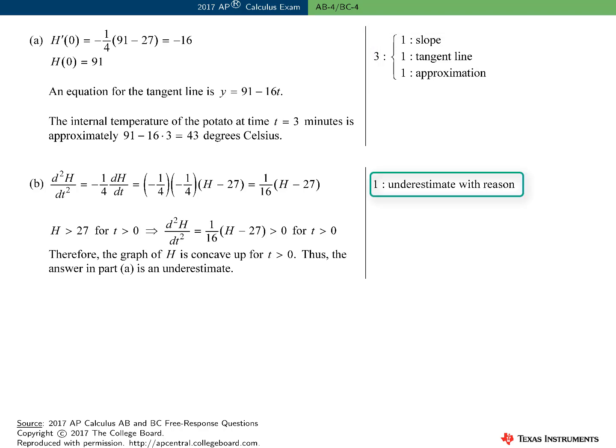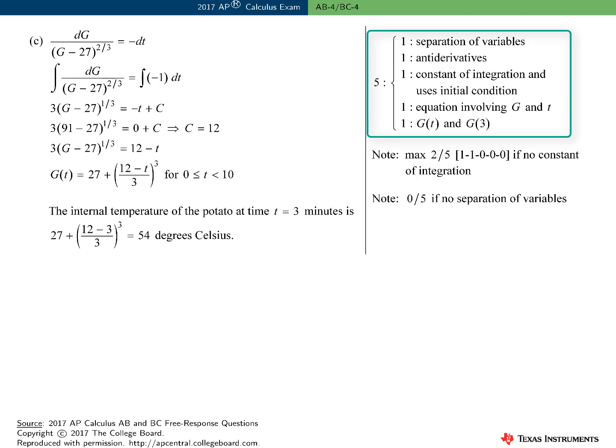Part B was worth 1 point. This was for correctly stating the answer in Part A is an underestimate and for providing an appropriate reason using the second derivative of h with respect to t. Part C was worth 5 points, generally for solving the differential equation and for finding g of 3.